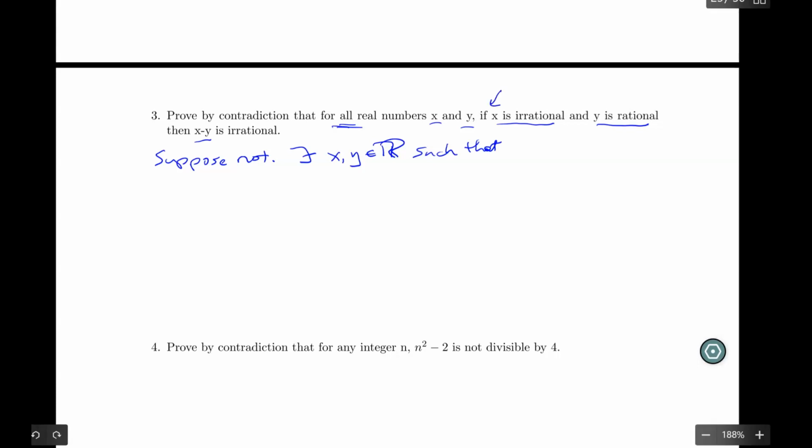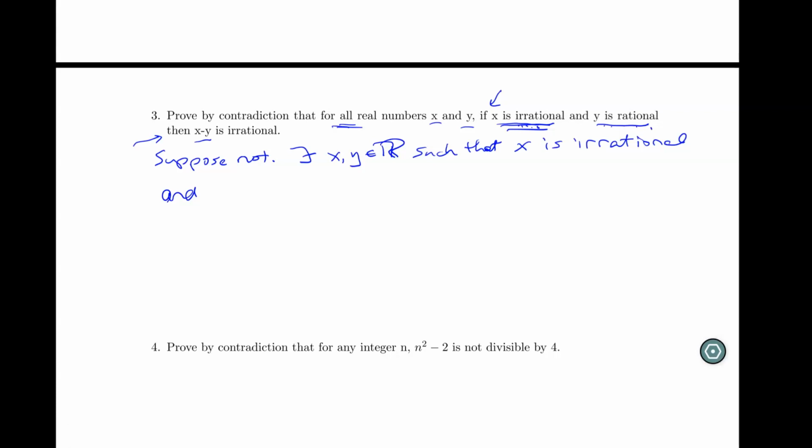How do you take a negation of an if-then? There is no if-then in your negation, correct? To take the negation, you would say this is still true, and there's no notation for irrational, so you just have to write out irrational. So this stays true, and we negate this.